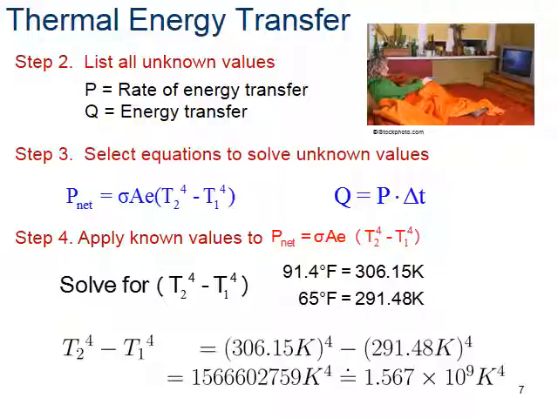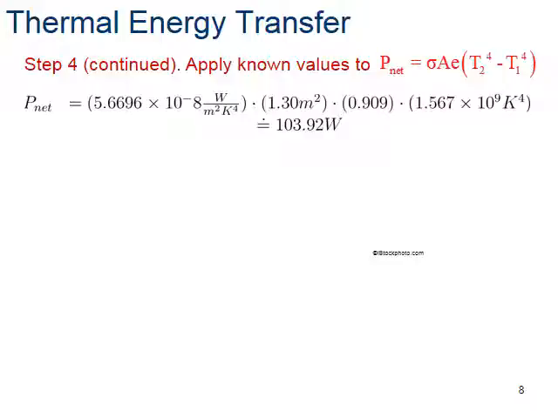Now, it's important here to know that you have to convert from Fahrenheit to Kelvin. I'm not going to cover that in this slide, but you have to convert from Fahrenheit to Celsius and then Celsius to Kelvin. Or if you know the direct conversion, you can do that. Then we just go ahead and plug our numbers in.